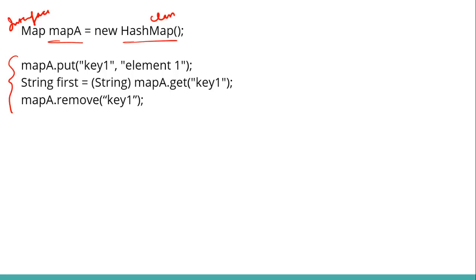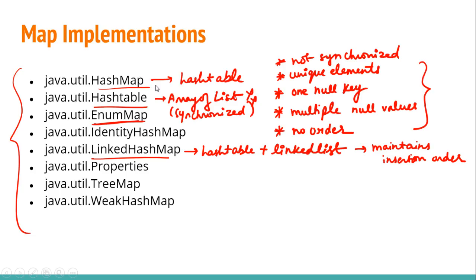The only trick with knowing collections best is that you should be aware of how one is different from the other. Like here in hash map and hash table, you should be aware that if you have to create a synchronized map implementation, you will be using hash table, not hash map. Because if you use hash map, again you can synchronize it further, but that is a two-step process, correct? So you directly use hash table.